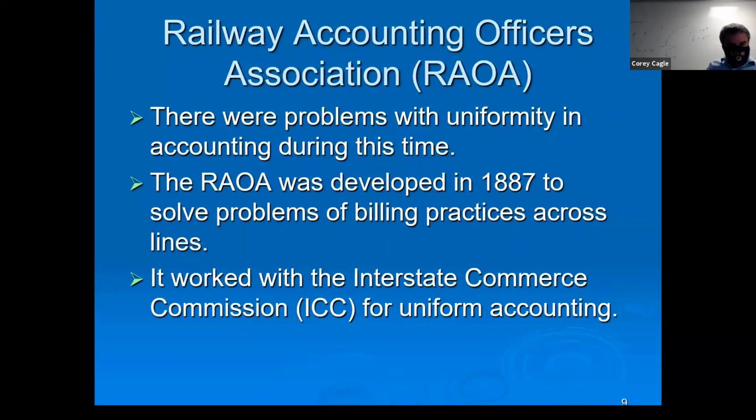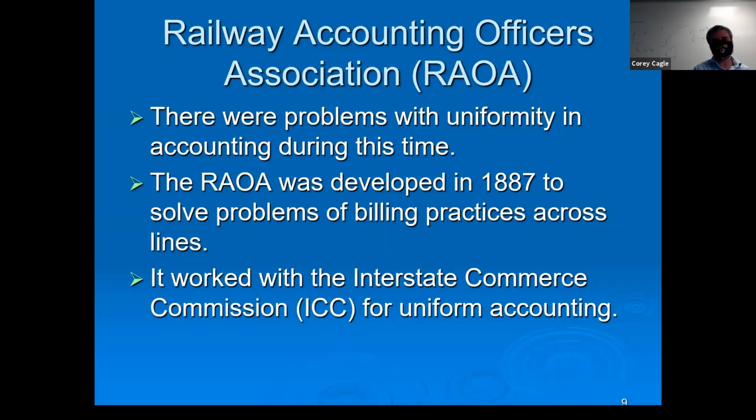But a Railway Accounting Officers Association was developed, the RAOA. Accounting was becoming a bigger business, and of course organizations form around that. This one was formed because there were problems with uniformity of accounting.